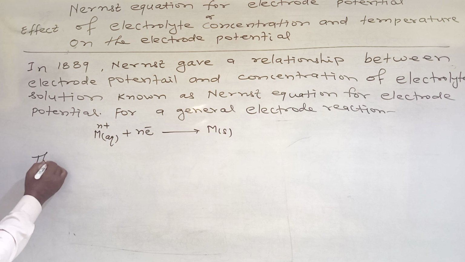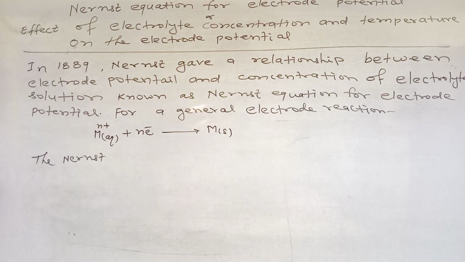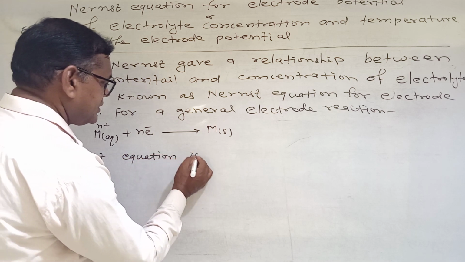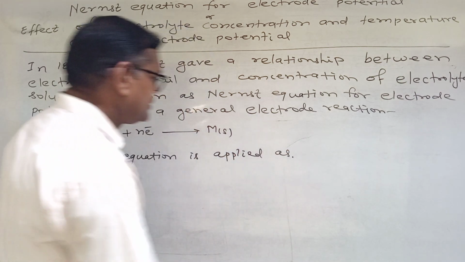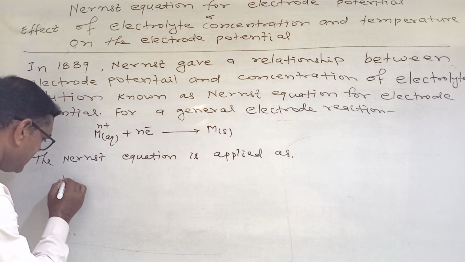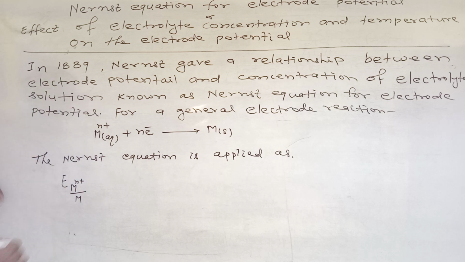The Nernst equation is applied as follows. Here we write E of M^n+/M, which is called the electrode potential.